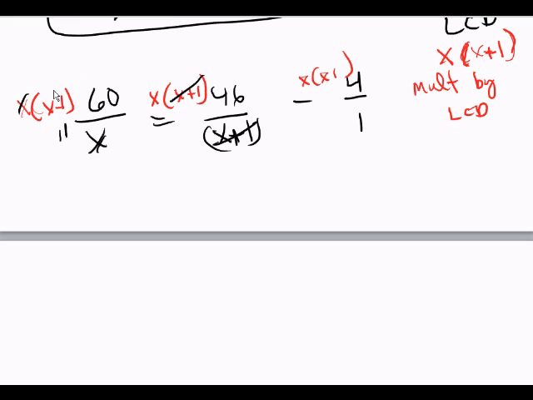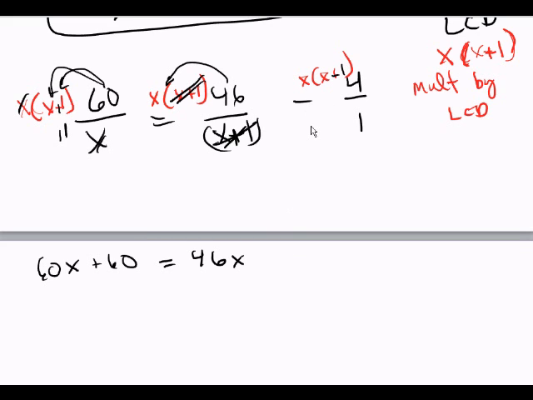Back to the pen. So I have 60 times the x plus 1. 60 times x is 60x. 60 times 1 is plus 60. 46 times x is left. This canceled, so I'm just left with 46x.